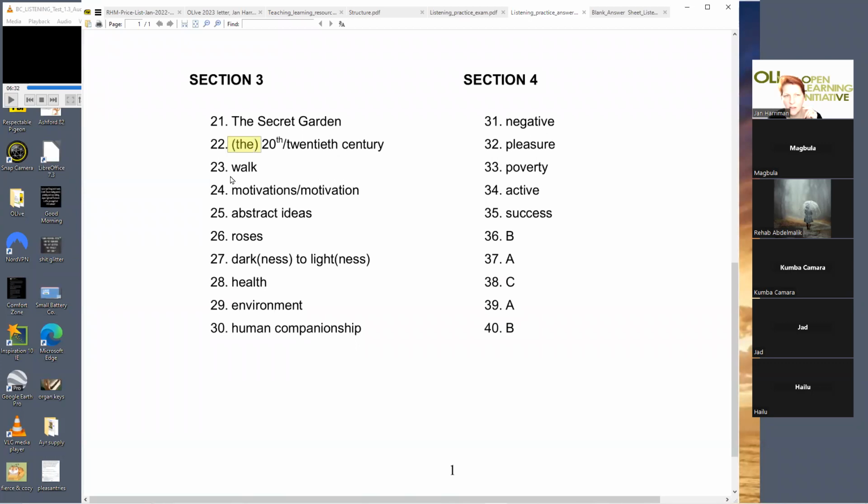See, if it's got a parenthesis around it, it means that it's optional. So 27 could be written dark to light or darkness to lightness. Both are correct. But there's no parentheses around human or companionship, so I'm afraid both words are necessary.